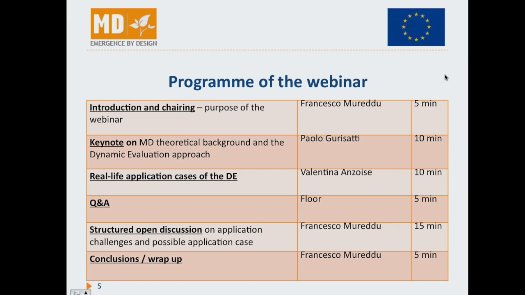Maybe you must be a little bit more precise, and I let the floor to Valentina not to speak all the time. Yeah, I mean, how do you assess whether an innovation is going towards a result that is socially sustainable or otherwise?